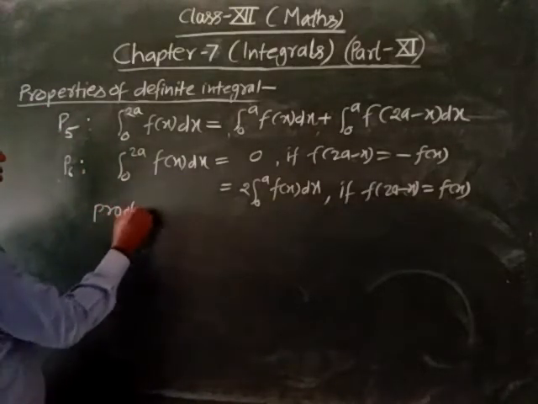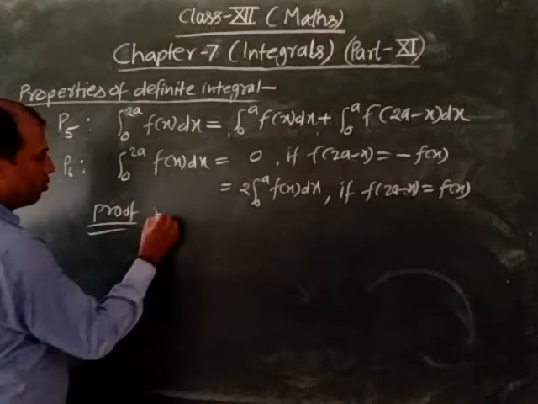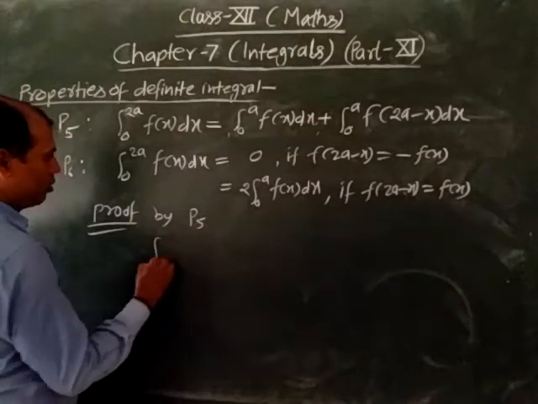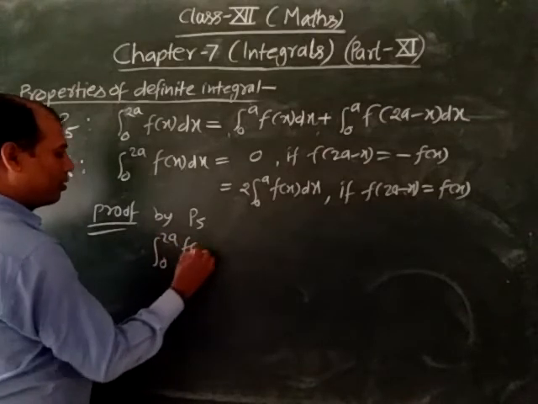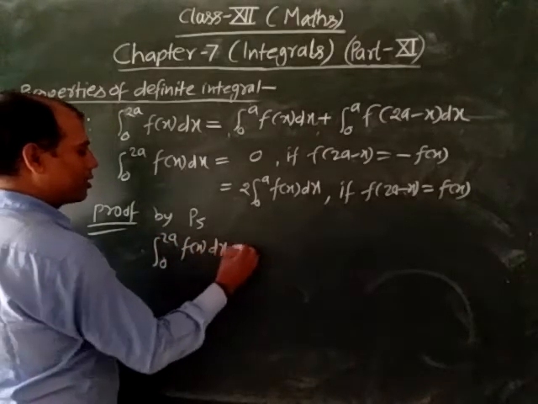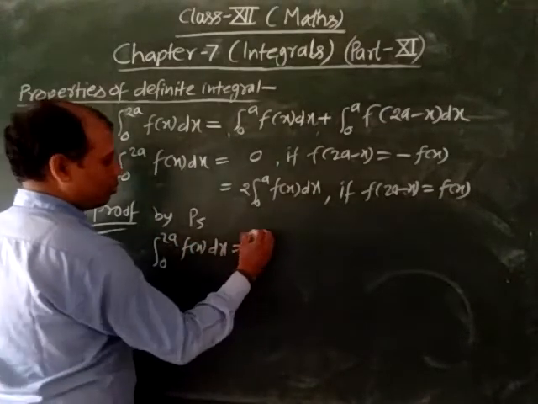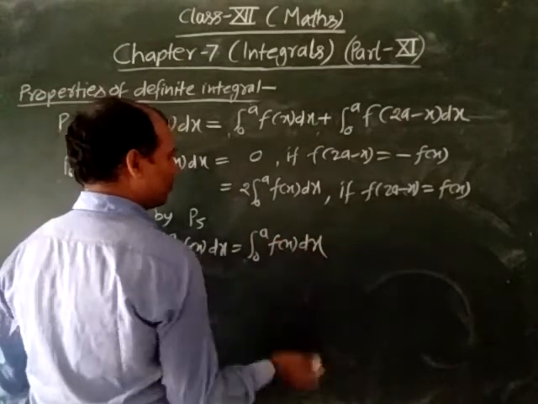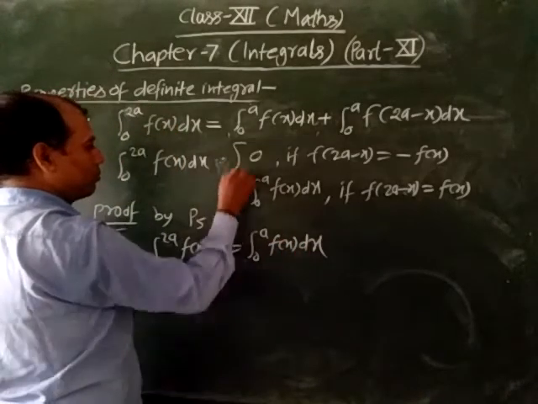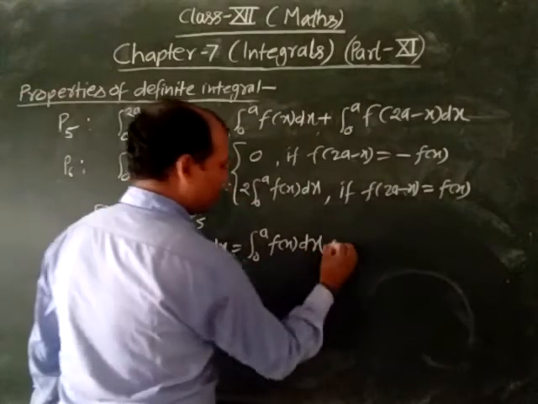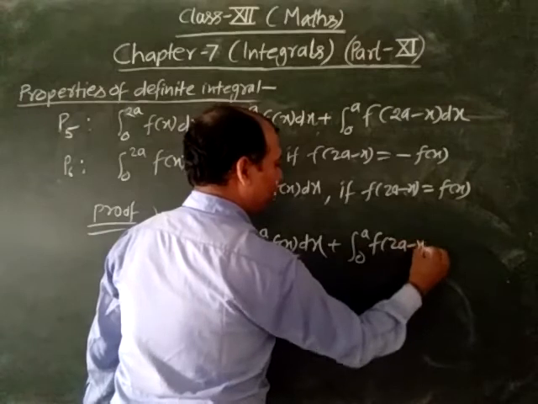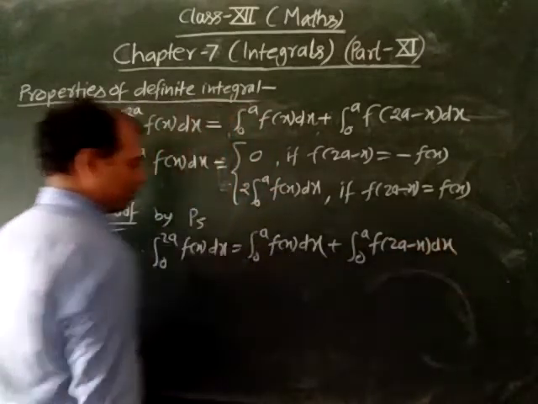So we can write by property number 5, integral from 0 to 2a of f(x) dx equals integral from 0 to a of f(x) dx plus integral from 0 to a of f(2a minus x) dx.